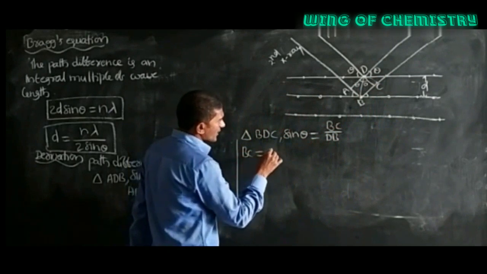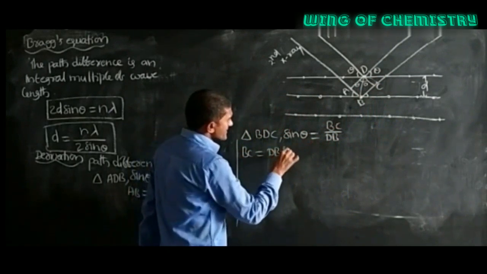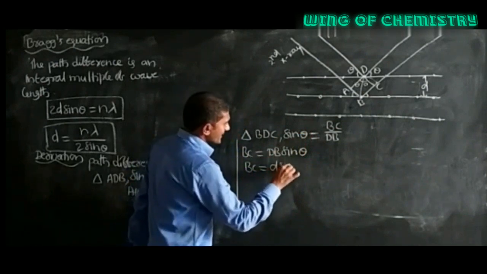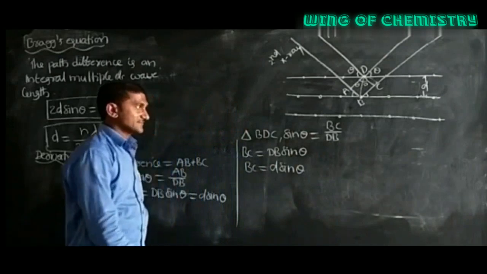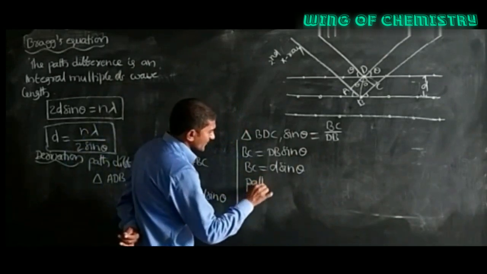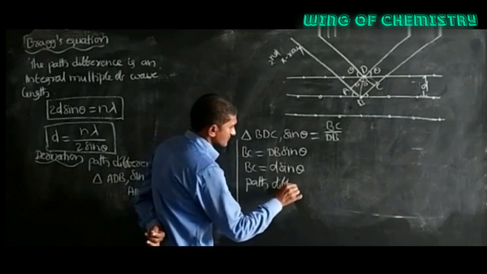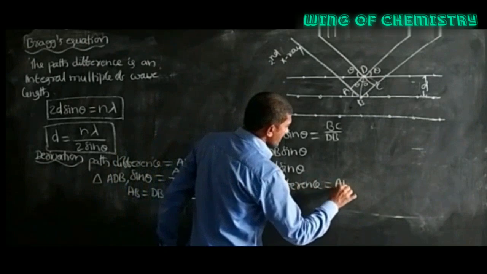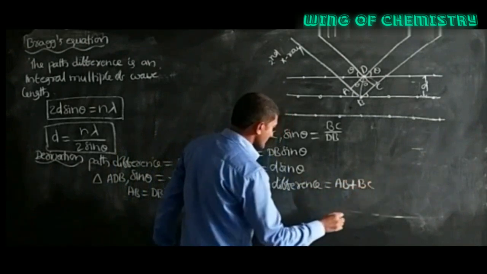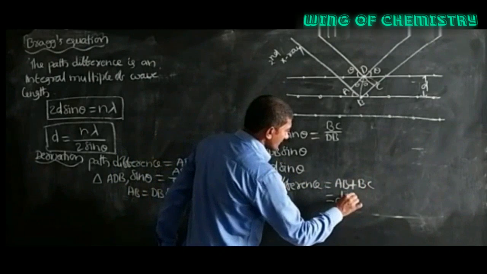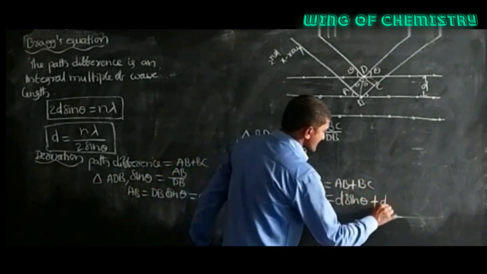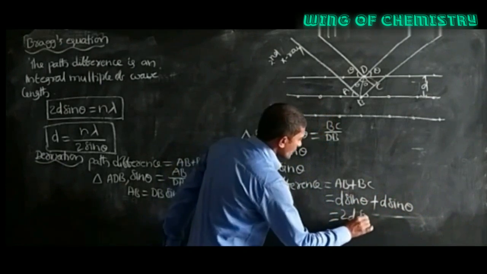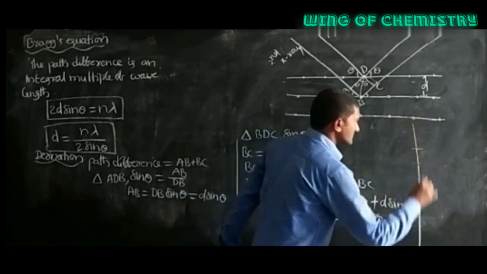BC is equal to DB sin theta, that is, d sin theta. The path difference is equal to AB plus BC, that is d sin theta plus d sin theta, which equals 2d sin theta.